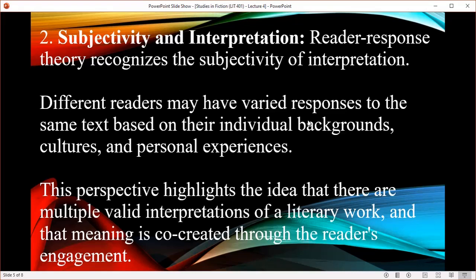It is not limited to the author's position or the text itself, but has to do with the angle from which each reader has considered the text to mean.